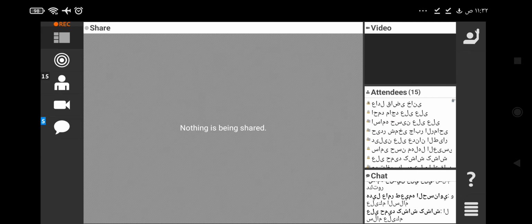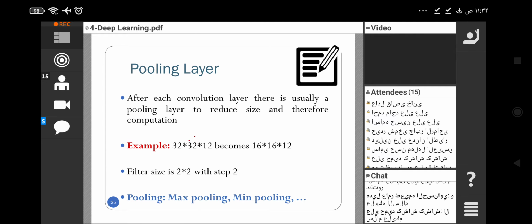We talked about convolutional neural networks. We finished the subject of deep learning in the previous session.